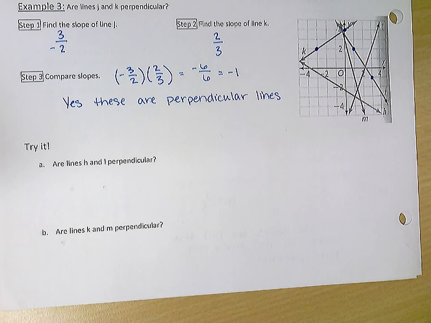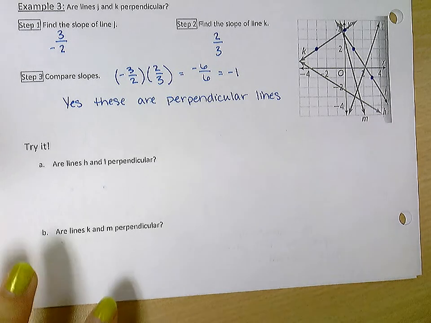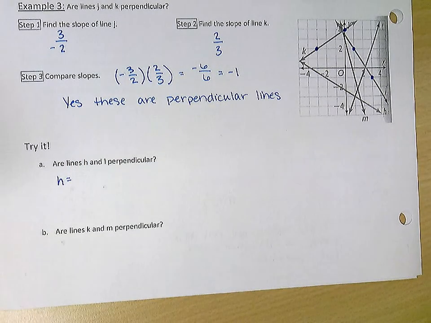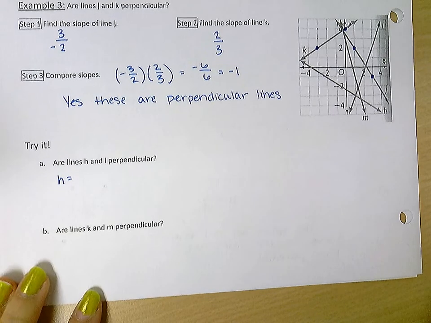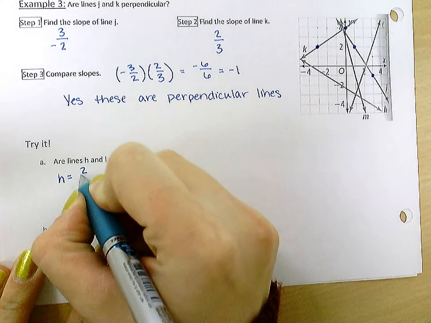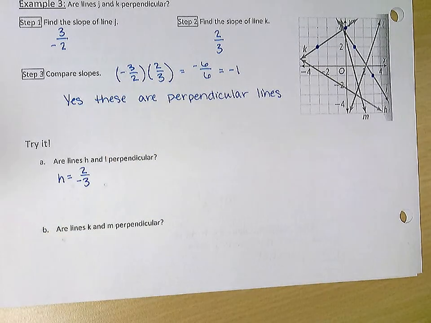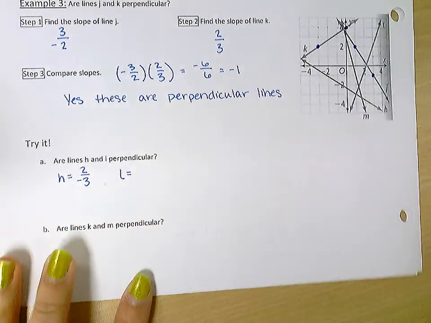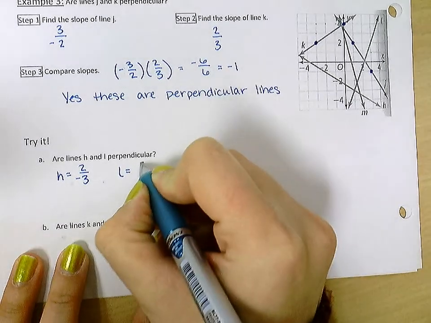All right, so looking at these two problems. Okay, what is the slope of H? That'd be negative 2/3. Yep. Okay, what's the slope of L? 5/2, yep.